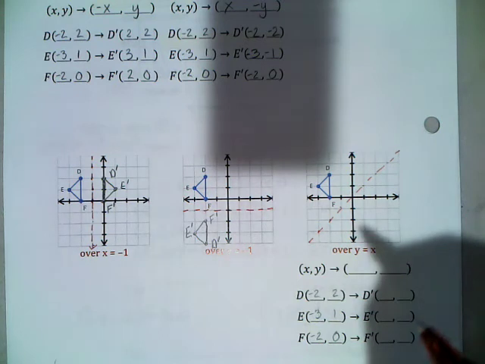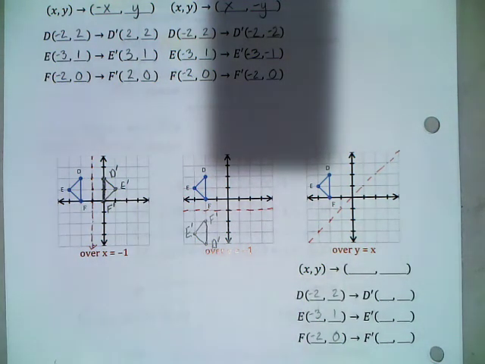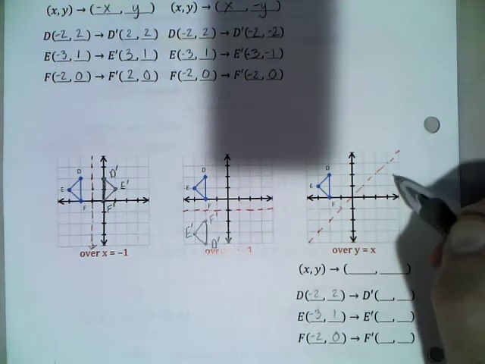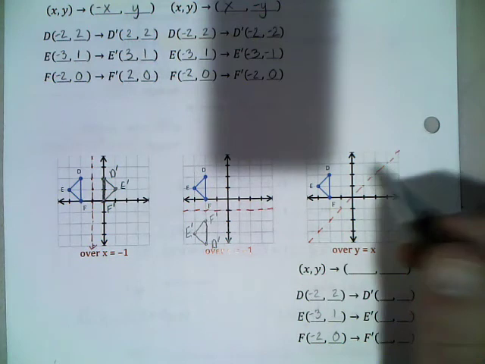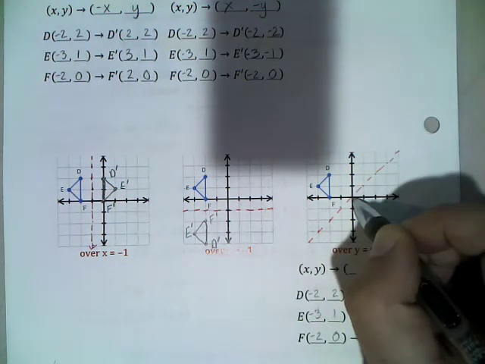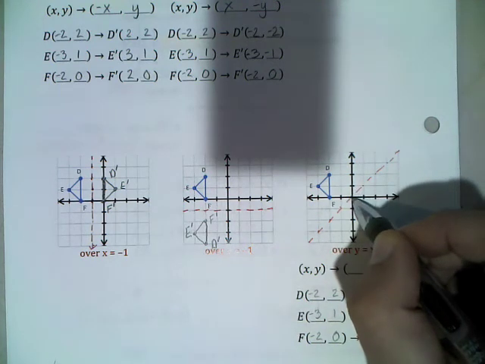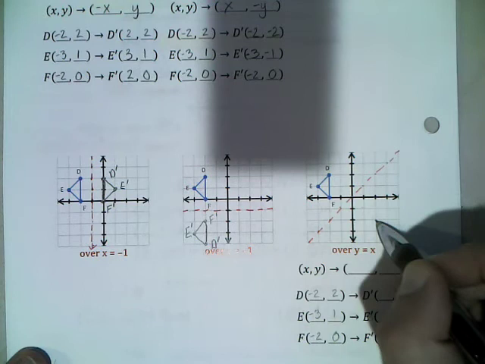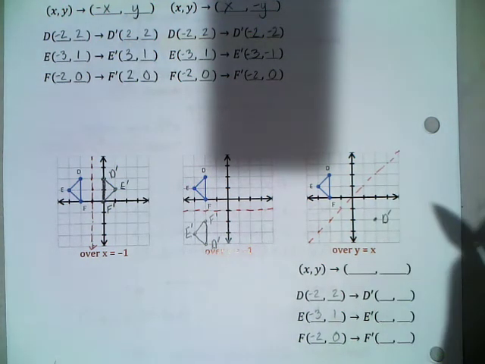This one is at a diagonal, which means as we approach our line of reflection, we have to approach at a diagonal as well. So how many diagonals is D away from my line of reflection? Well, there's one diagonal, there's 2. So 2 diagonals on the other side should be my D prime.